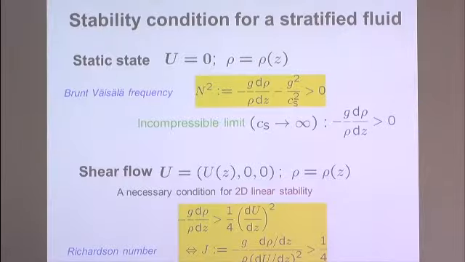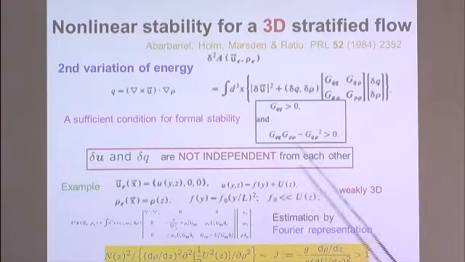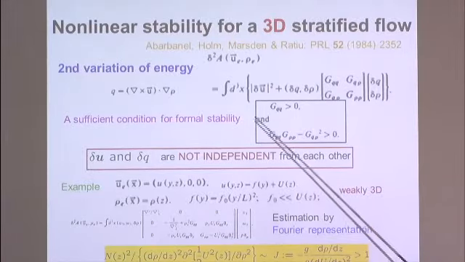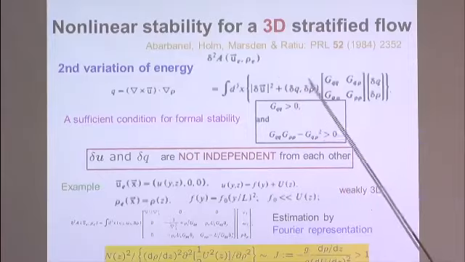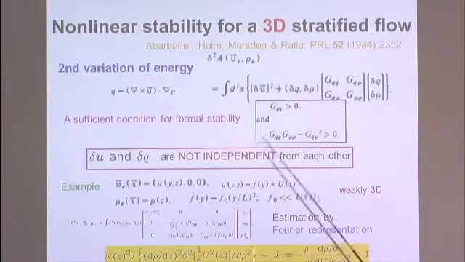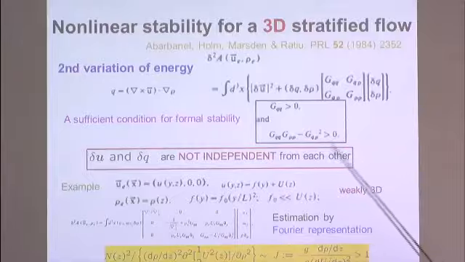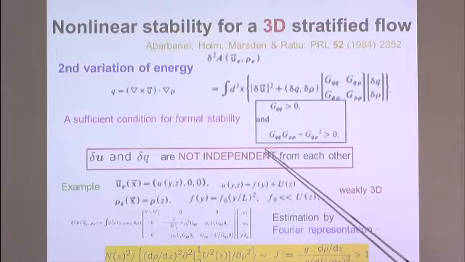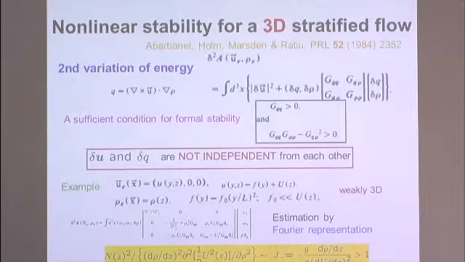Then 30 years ago, Abarbanel, Holm, Marsden, and Ratiu extended this Richardson number criterion to 3D and nonlinear cases. They estimated energy, where Q is the so-called potential vorticity, and they got a sufficient condition for positive definiteness of the quadratic form.